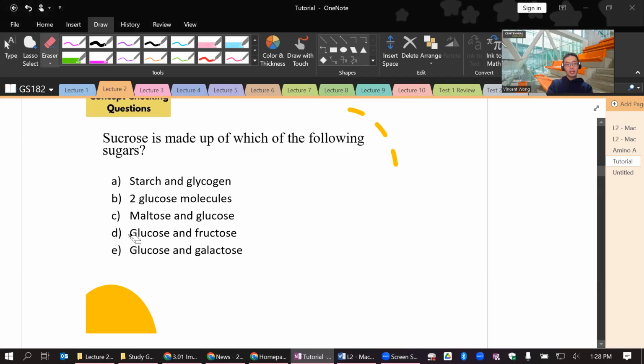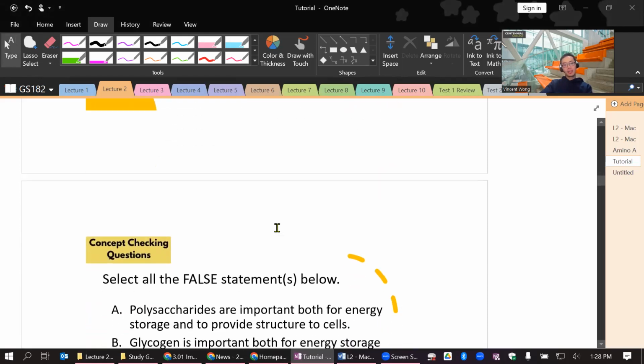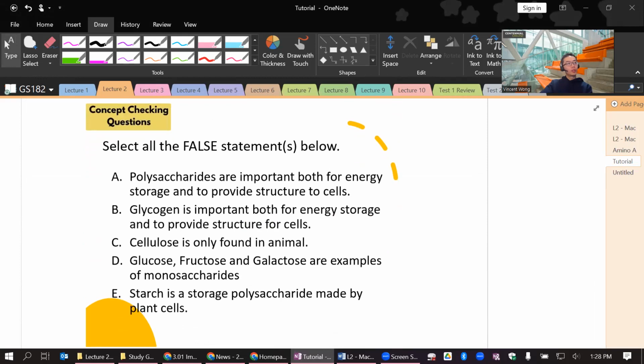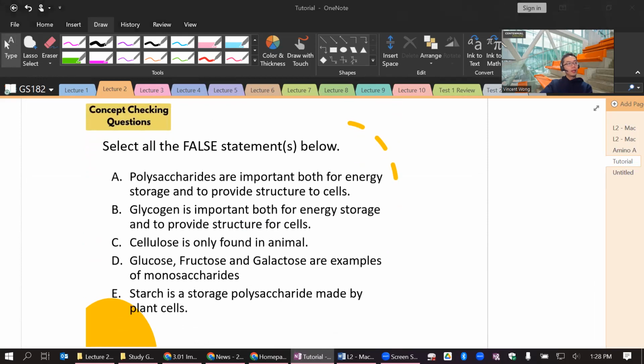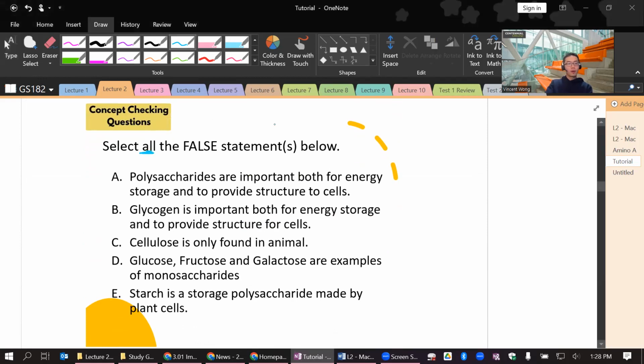We wrote it down earlier, right? If you take the glucose and you combine it with fructose, you get your kitchen sugar, which is the sucrose. Now, next one is a little bit wordy. Take some time reading, and this would be an example of a multi-select question. You have to select all the false statements. So go ahead and give that a try.